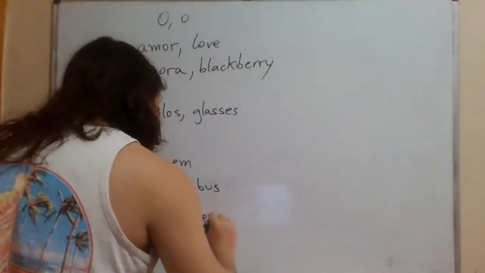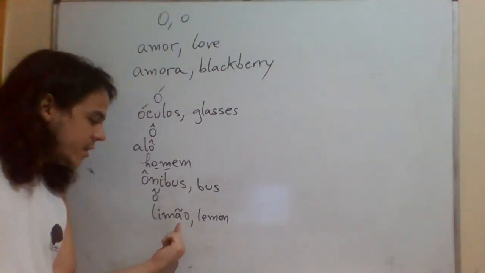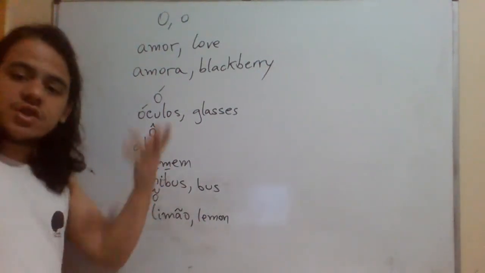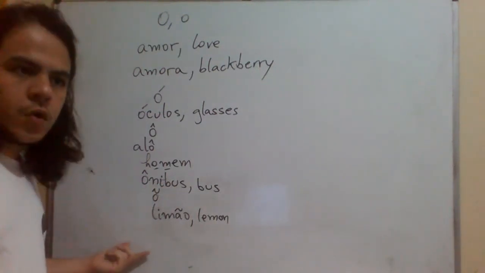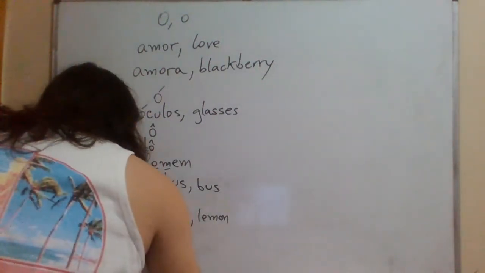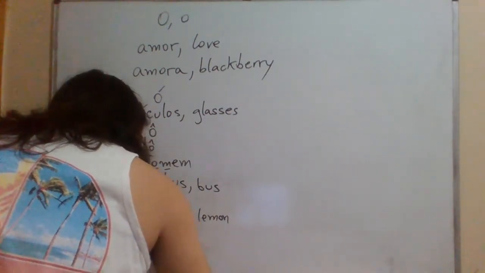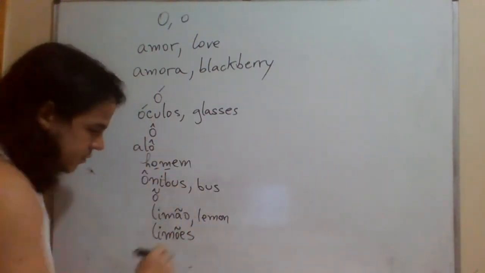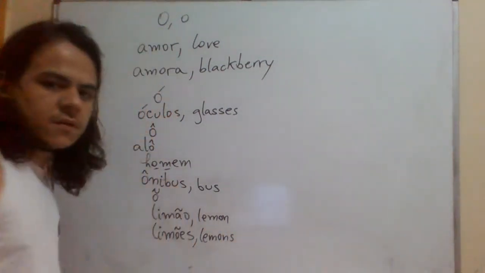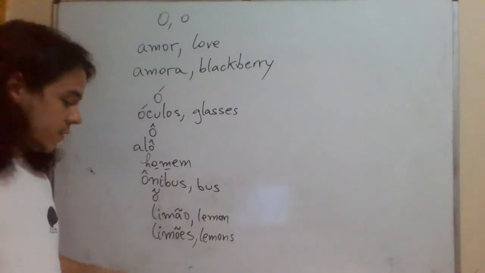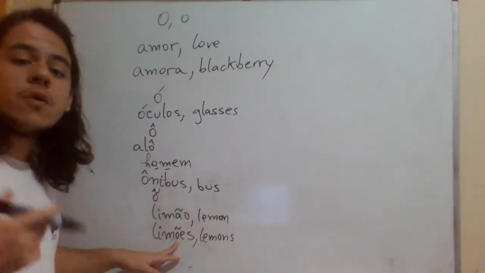It means lemon, limão. So we have here letter A with the chill above it. The plural form of this word limão is limões. It means lemons, limões. So now we have the chill above letter O.